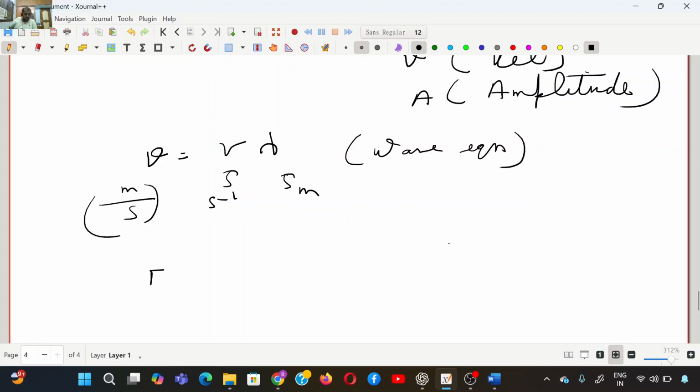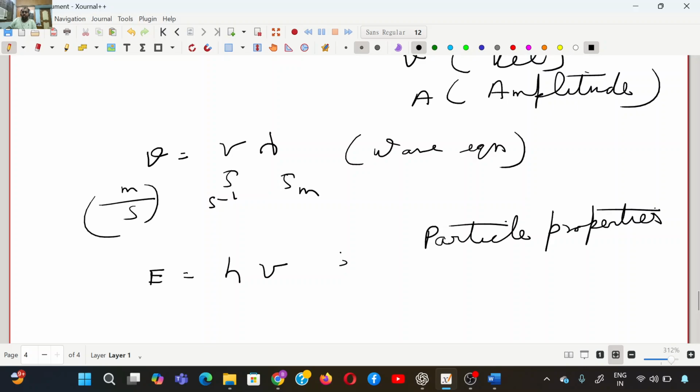The other thing is E is equal to h into frequency. Here we are assuming that we are looking at the particle property. The earlier one was the wave property. We are combining both wave-like nature and particle-like nature.